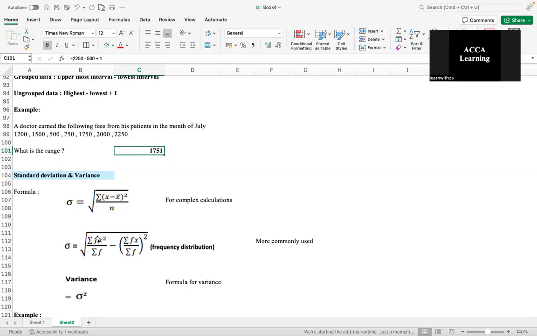By the average distance between each data point and the mean. Okay, so if you look at the formula, it is a summation of x minus x bar, that is your mean, the whole square upon the number of values. But this particular formula is only for complex calculations. The most commonly used formula is the frequency distribution formula, which looks something like this. If you see this symbol, this is the symbol for standard deviation.